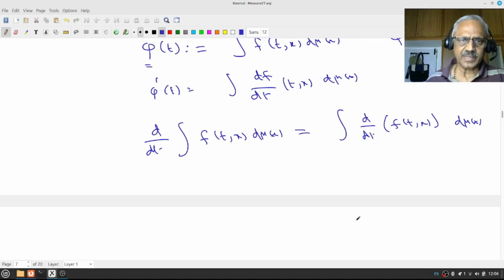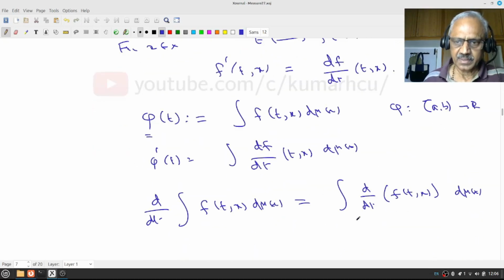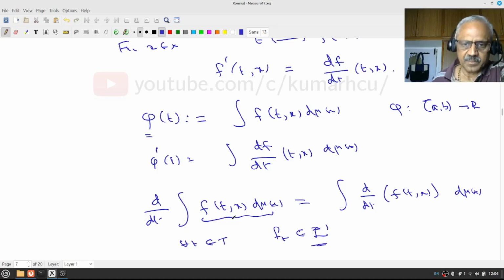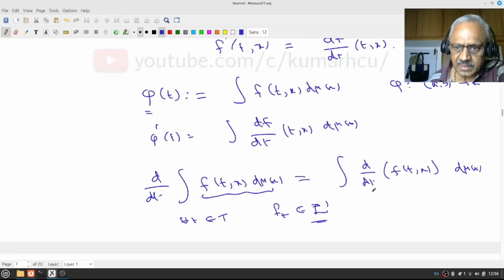So naturally, what are the hypotheses we have to look at? First, notice that this has to make sense. That means, as earlier, for each t in T, I can assume f_t is in L1. These are all integrable. Second thing, this derivative has to be integrable too, because this integral should make sense.